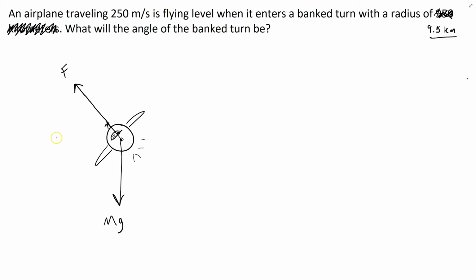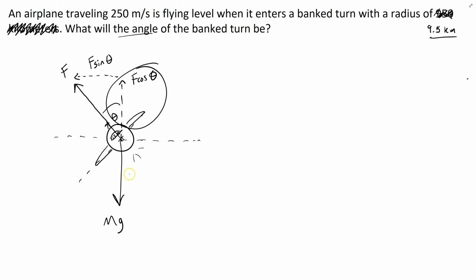Now, the point of this problem is to figure out what the angle will be, and the angle will be relative to the horizontal. So if I draw what the angle of the airplane is, the angle is going to be here, and therefore the angle we use to orient this force goes there, right? Alternating interior angles. This lets us turn F into an upward component, F cosine theta, and a leftward component, which we will call F sine theta.